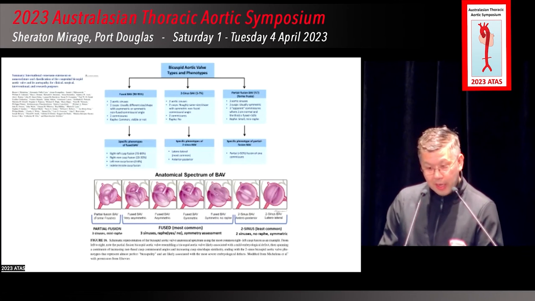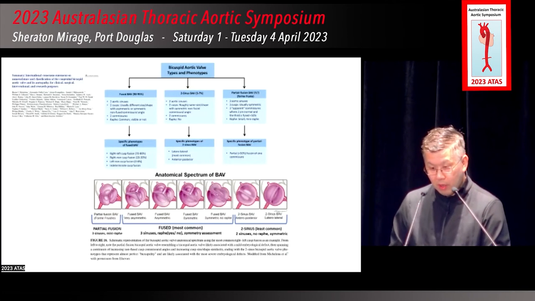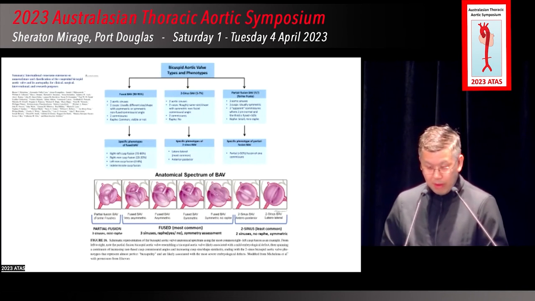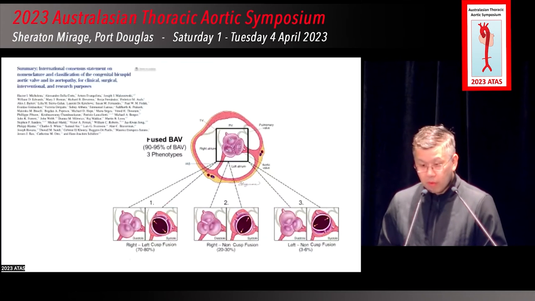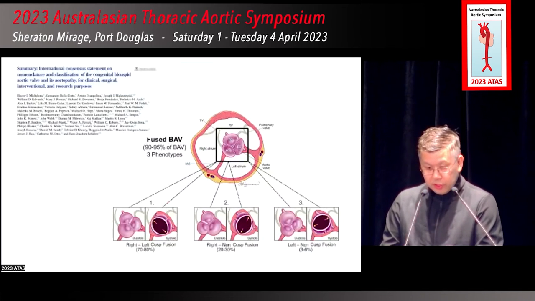And then in the middle of that spectrum, you have the classic Sievers categorization of Sievers 1, but they took the commissural orientation and further categorized it into symmetric, asymmetric, very asymmetric, or symmetric with no raphe.